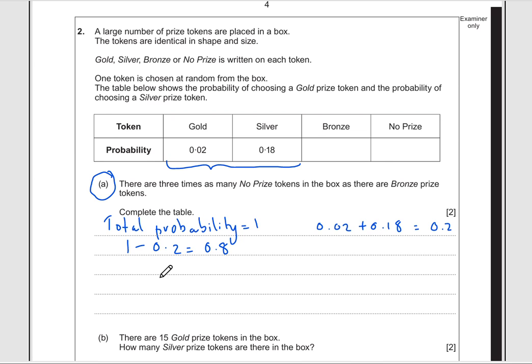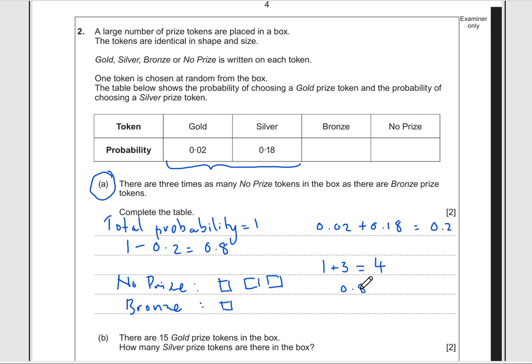So we've got 3 times as many no prize. So let's think of this as a ratio. So we've got 3 times as many no prize as we have winners. So if I add my total parts, I've got 1 plus 3 gives me 4 parts.